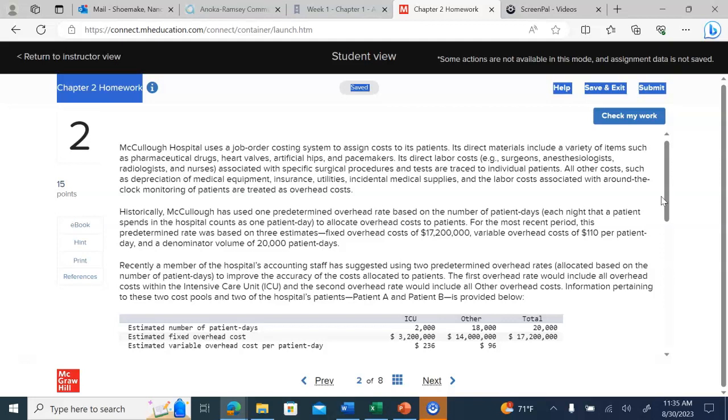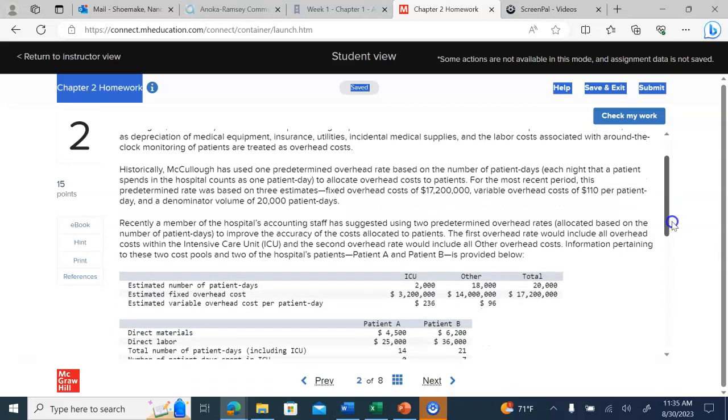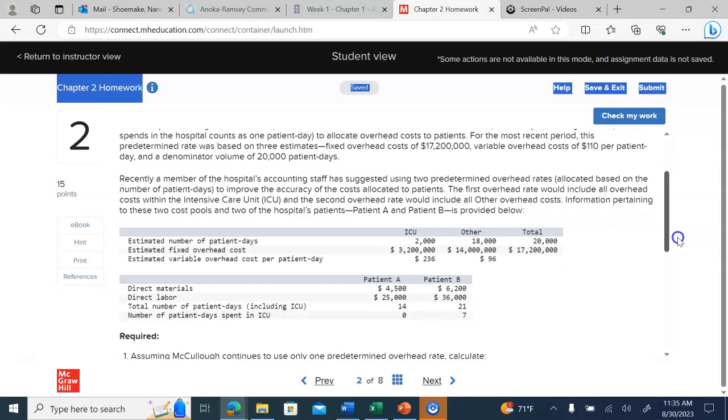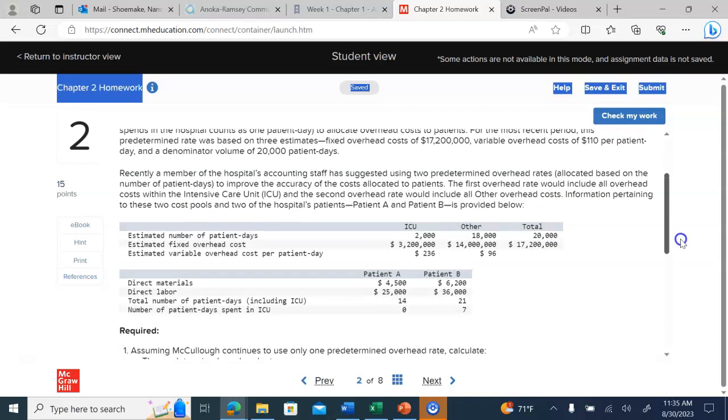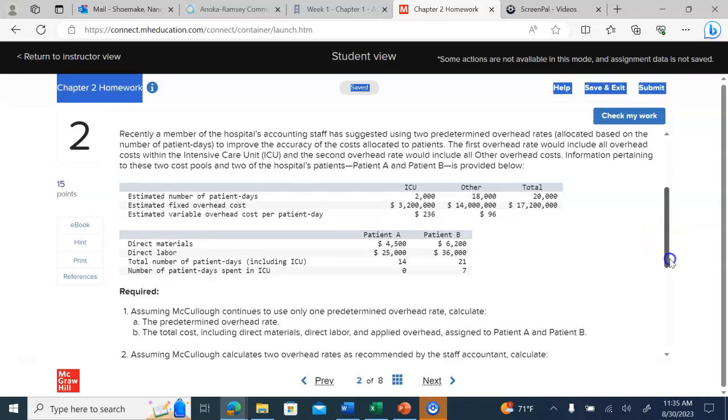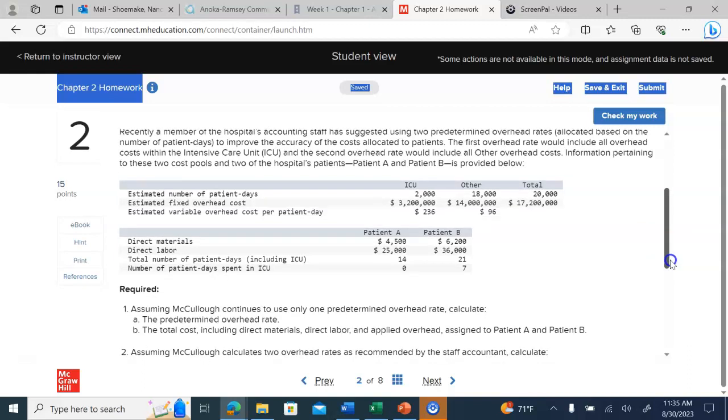The first overhead rate would include all overhead costs within the intensive care unit, and the second overhead rate would include all other overhead costs. Information pertaining to these 2 cost pools and 2 of the hospital patients, patient A and patient B, is provided below. So we see the ICU, you've got estimated variable overhead cost per day, and the other is at 96, ICU's at 236.